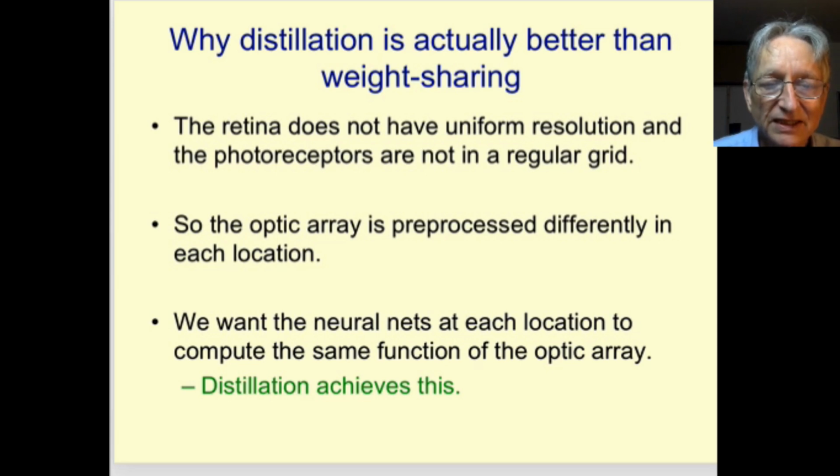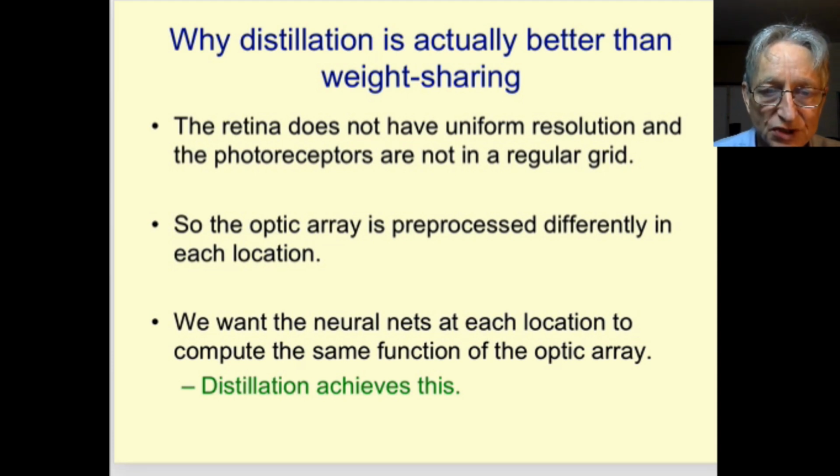Now, actually, this co-distillation has one big advantage over weight sharing. Even if you could do weight sharing, it's very hard to see how to apply it if you've got a non-uniform retina. If the size of the receptive fields gets bigger as you move out from the fovea, and if the photoreceptors aren't uniformly spaced in a nice grid, what you've got is a retina that pre-processes different parts of the optic array differently.